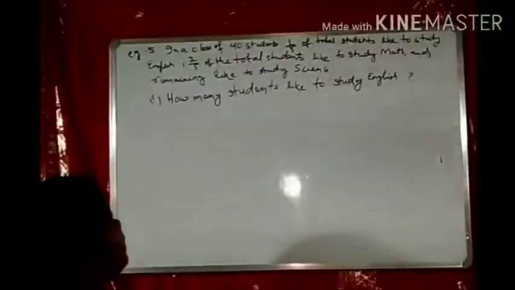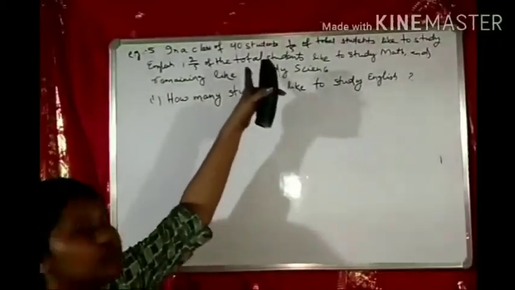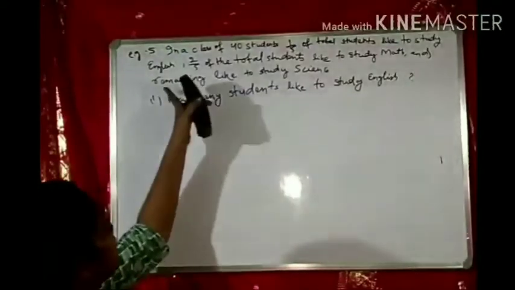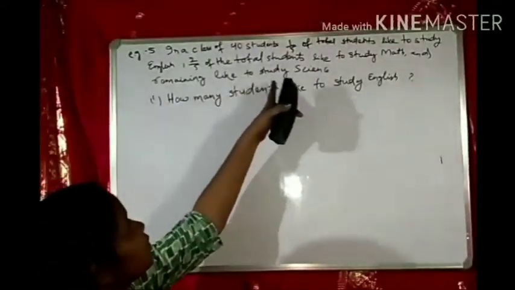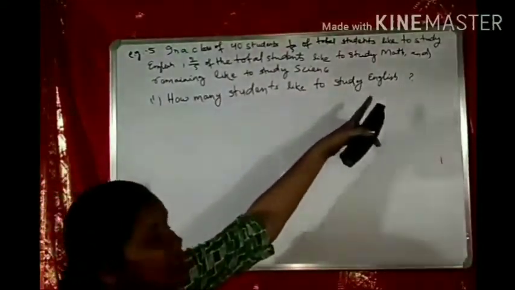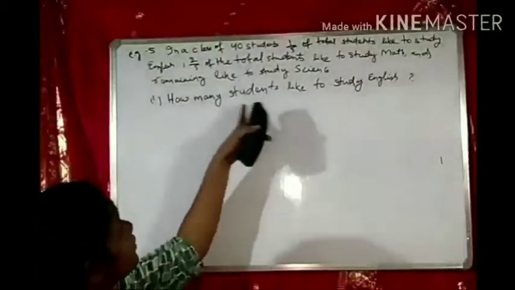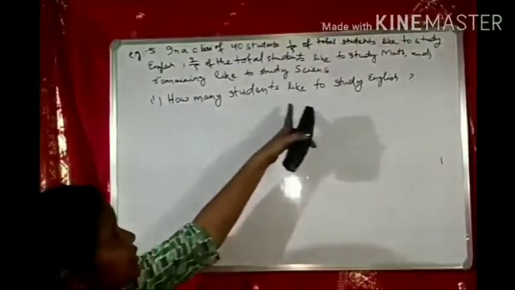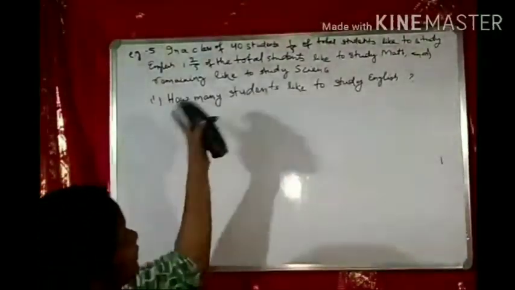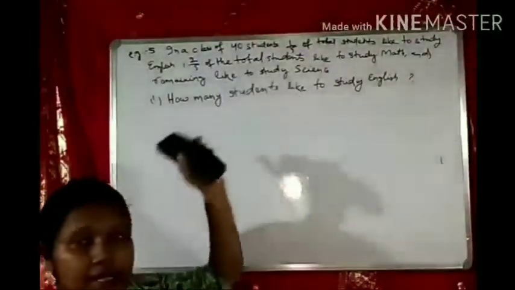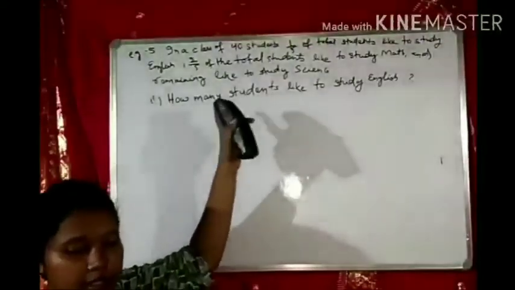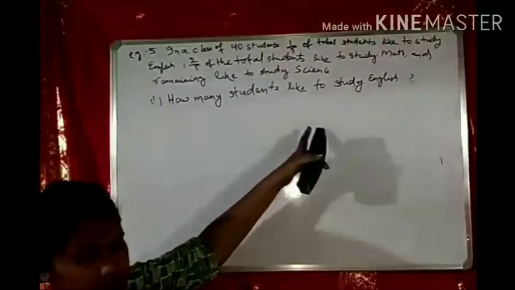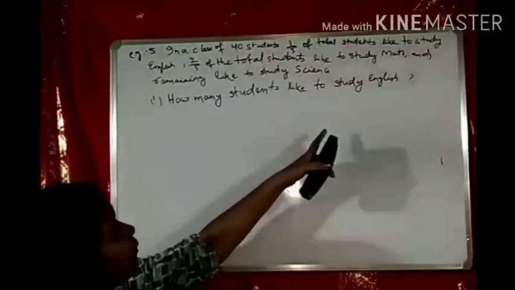Next see example 5. In a class of 40 students, 1 by 5 of the total students like to study English, 2 by 5 of the total students like to study math, and the remaining like to study science. So what we have to find? How many students like to study English? How many students like to study science? And what fraction of the total number of students like to study math?